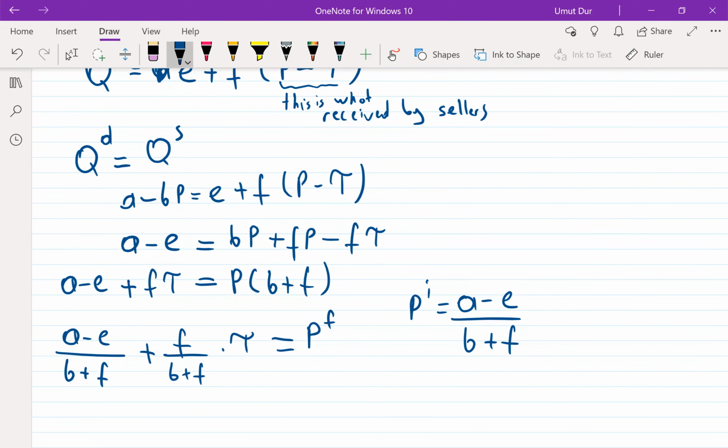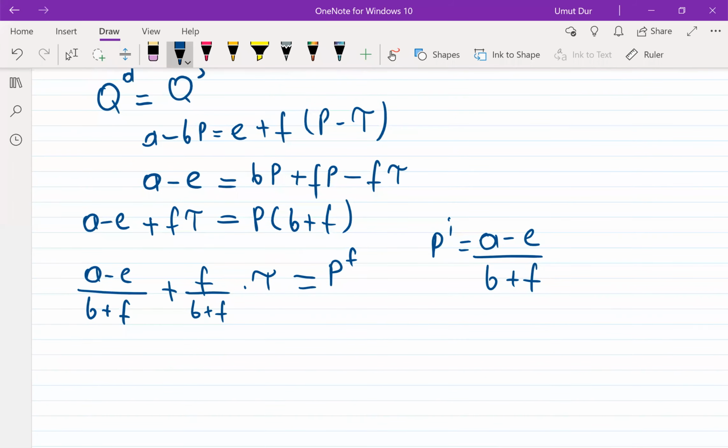I can represent this equation by plugging this value here, so this term is in fact the initial price.